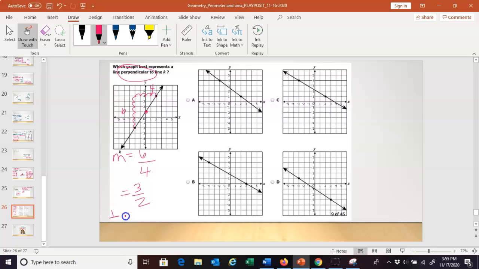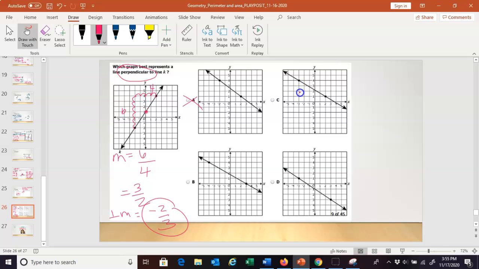But the answer, we want it to be perpendicular. So a perpendicular slope is going to be opposite, so negative, and reciprocal. We're going to flip. So we're looking for which line has the slope negative 2/3. So start at one point, and we want the one that matches down 2 over 3. Now 2 over 3. Oh, it's not that one. That one was not on the grid mark.